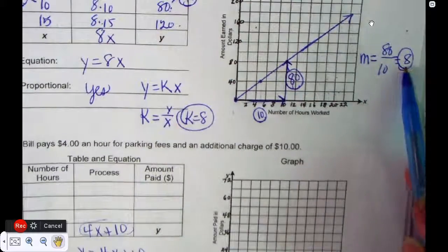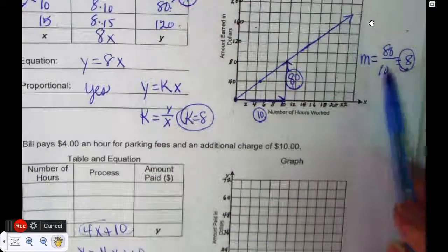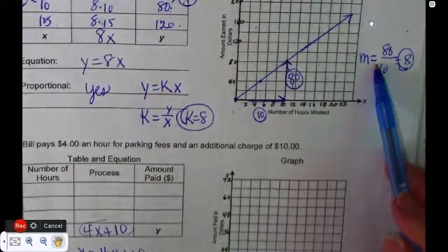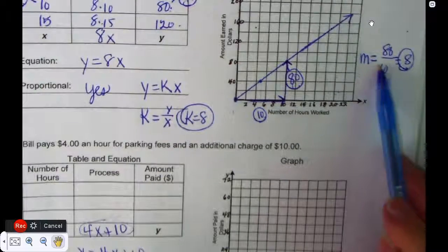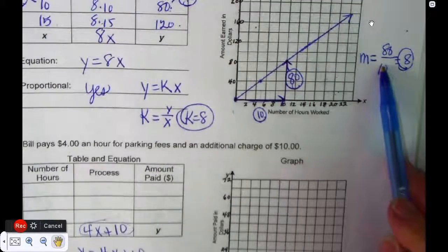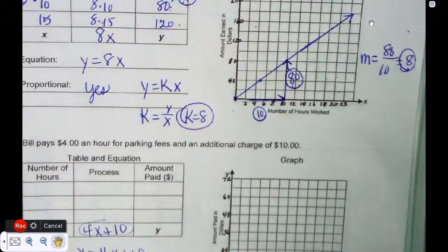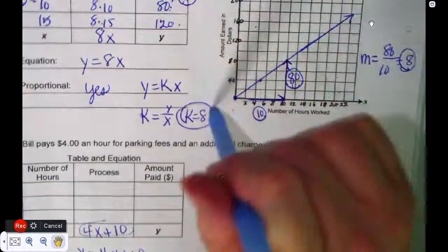That is called the what? Slope. Guys, what does m represent? A slope, the rate of change. So m is 8. So look at this proportional graph. The slope, the rate of change, the constant of proportionality, all the same. It's all 8. 8, 8, 8.